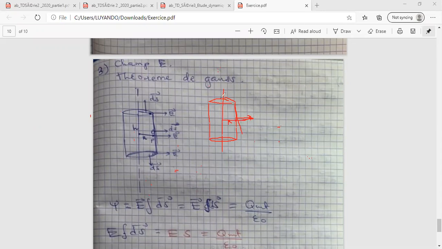But when I reach the base of the cylinder, my E will still be moving in this direction, but my ds is always outside of the surface. It's always moving outwardly.